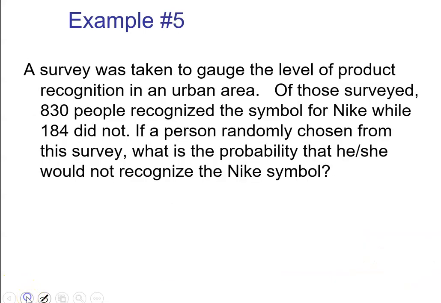Another example. A survey was taken to gauge the level of product recognition in the urban area. Of those surveyed, 830 people recognized the symbol for Nike, while 184 did not. If a person is randomly chosen from the survey, what's the probability that he or she will not recognize the Nike symbol? Again, I would like you to pause this one, push play when you're ready to check your answer.